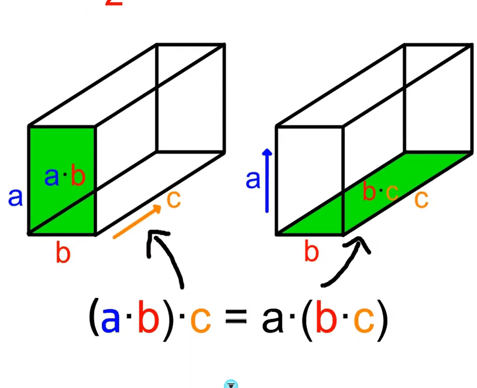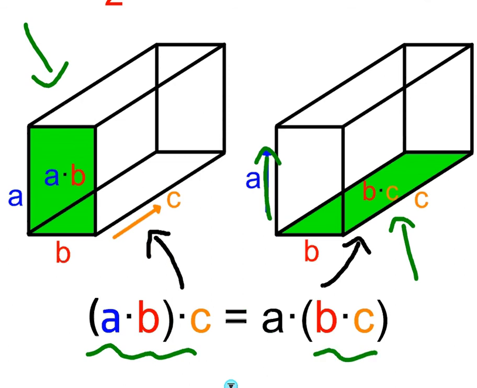Now let's look at the more abstract, which is the last thing we're going to look at. Over here we have the shaded area of the tall area, a times b, and then we multiply by c. And over here we find the base area and then we multiply by the height.